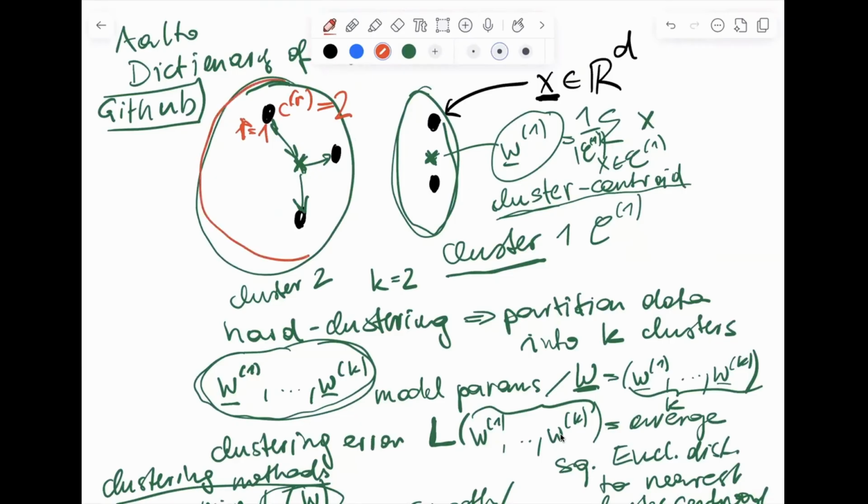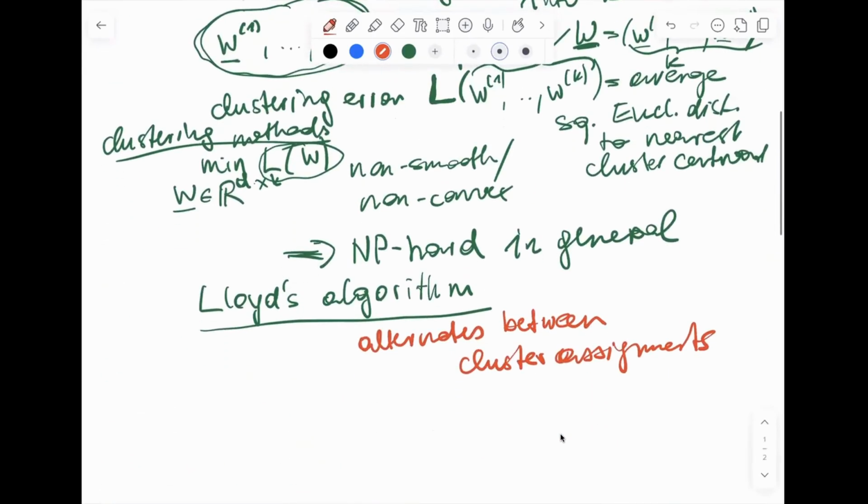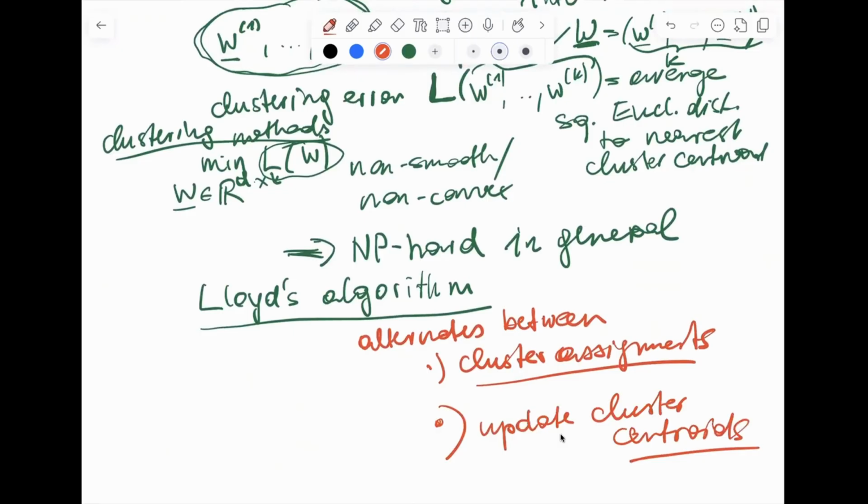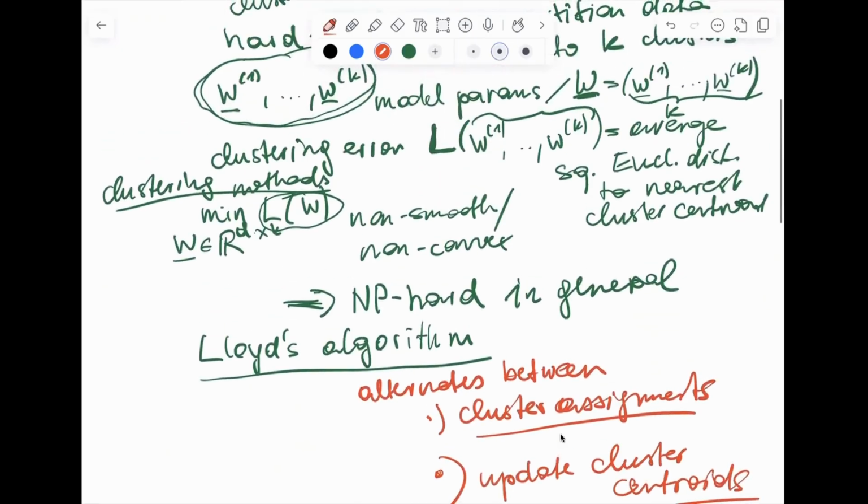Then for each data point, I can find the nearest cluster centroid. So I can do this cluster assignment step. And then once we have new cluster assignments, we update the cluster centroids.